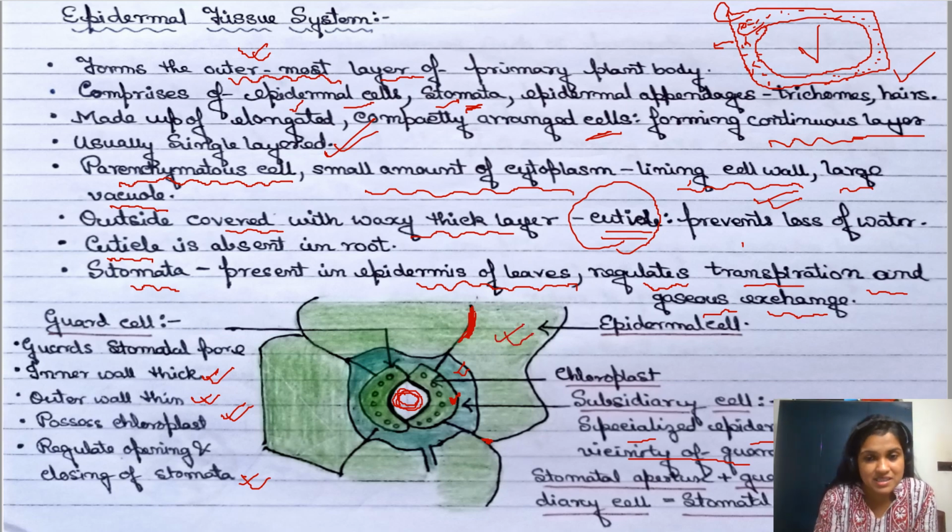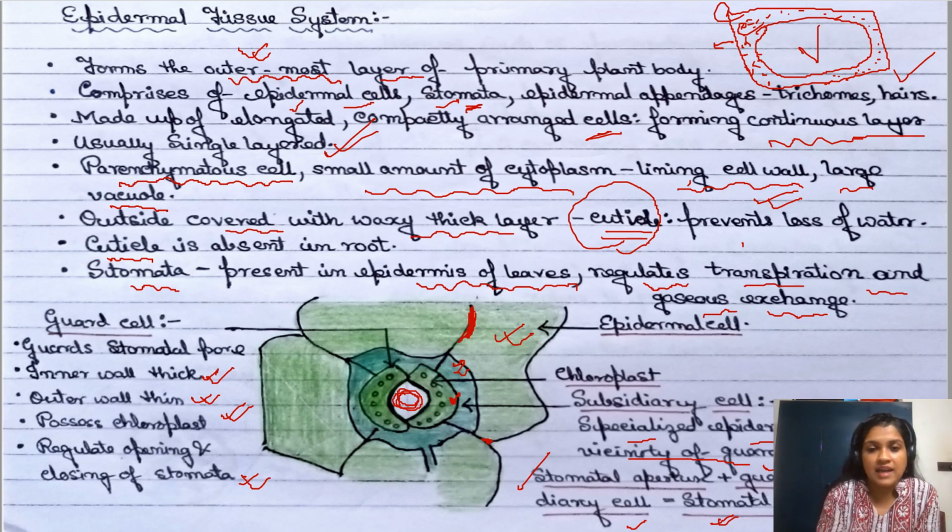These are the epidermal cells without any intercellular spaces, tightly packed. Subsidiary cells are specialized epidermal cells in the vicinity of the guard cells.